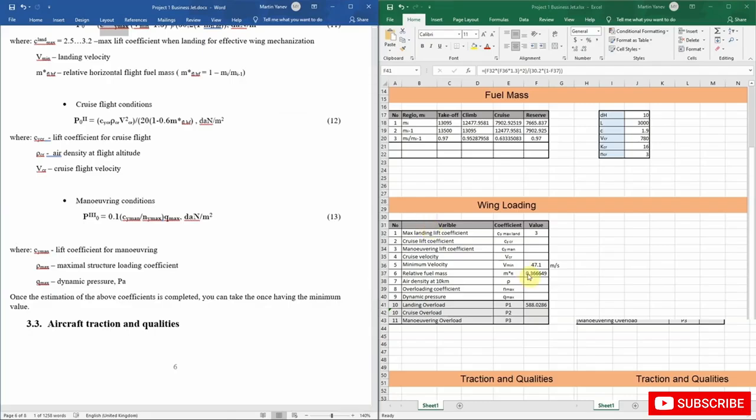The loading coefficient for the cruise flight is based on Cy cruise, the lift coefficient during cruise flight. Usually the lift coefficient at cruise is very small, because to maintain a horizontal level, the lift should balance the weight.